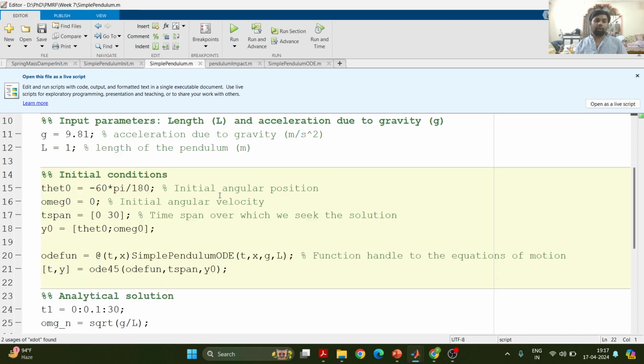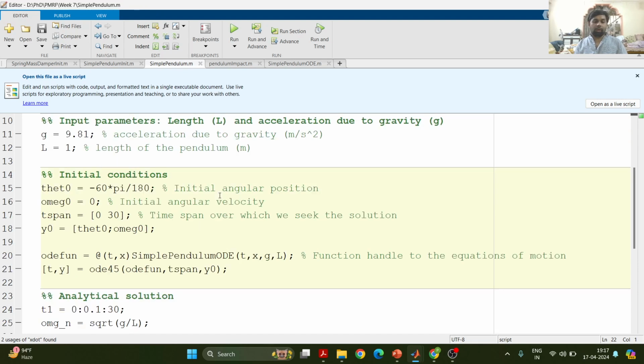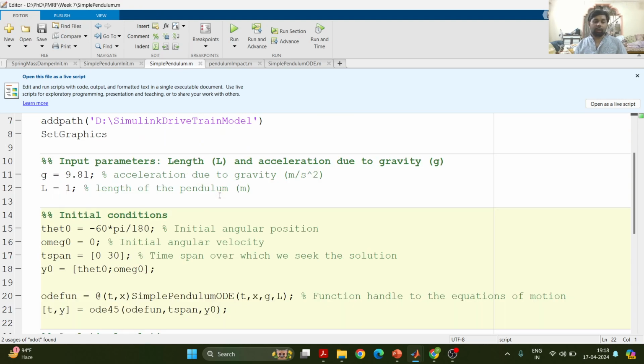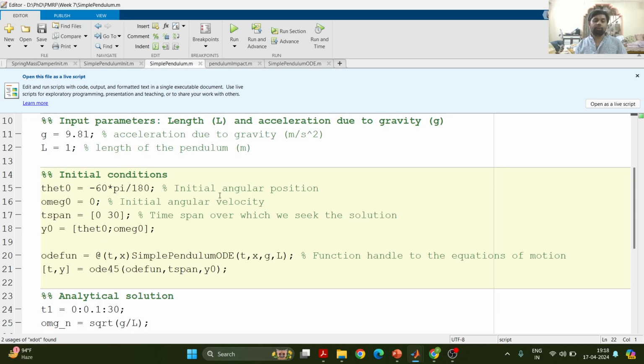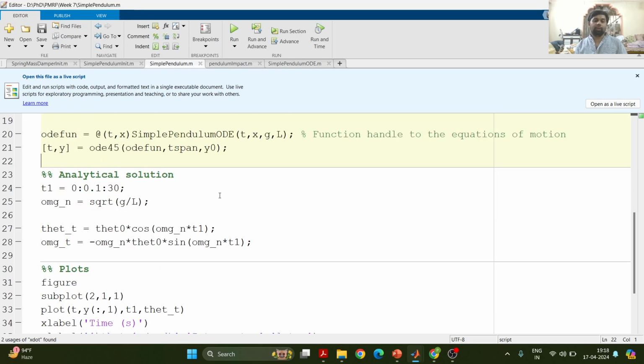So this was about how we write the code for the inputs to this ODE45 function. Are you able to follow up to this point? Yeah. Okay.